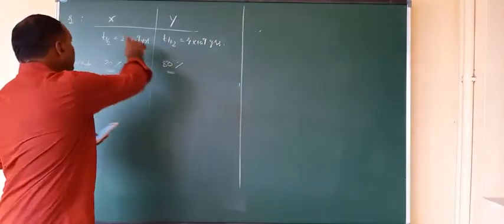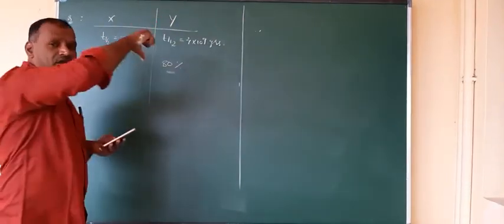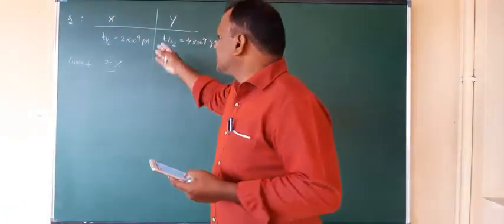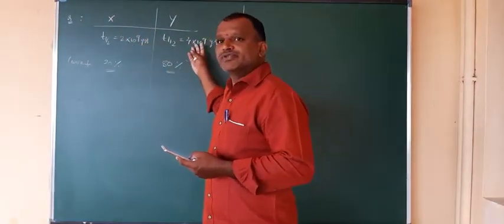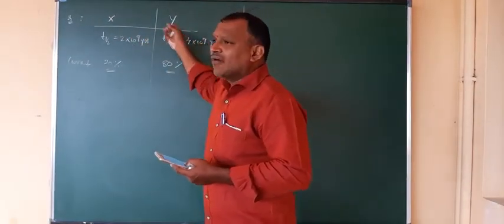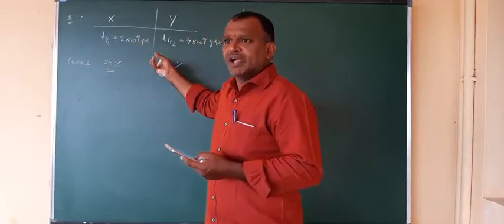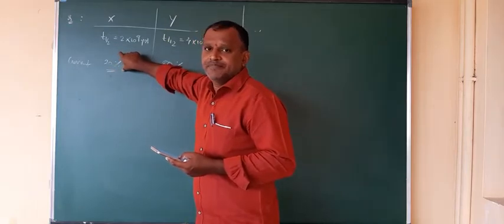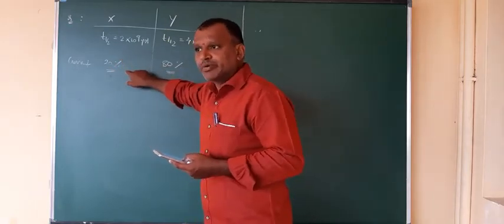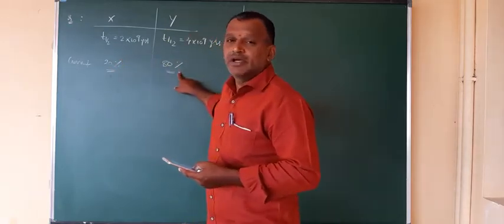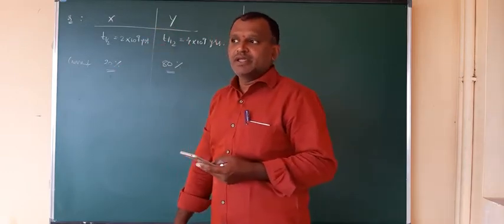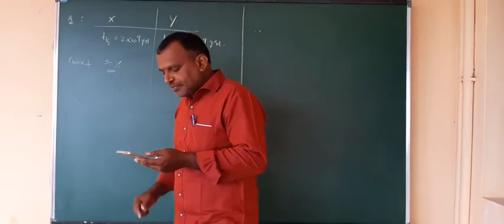These two isotopes have different half-lives, this is for X isotope, this is for Y isotope, and after some interval of time, at that instant, only 20% of X isotope is present and Y isotope is 80% of the material present in that planet. Then find the age of the planet.